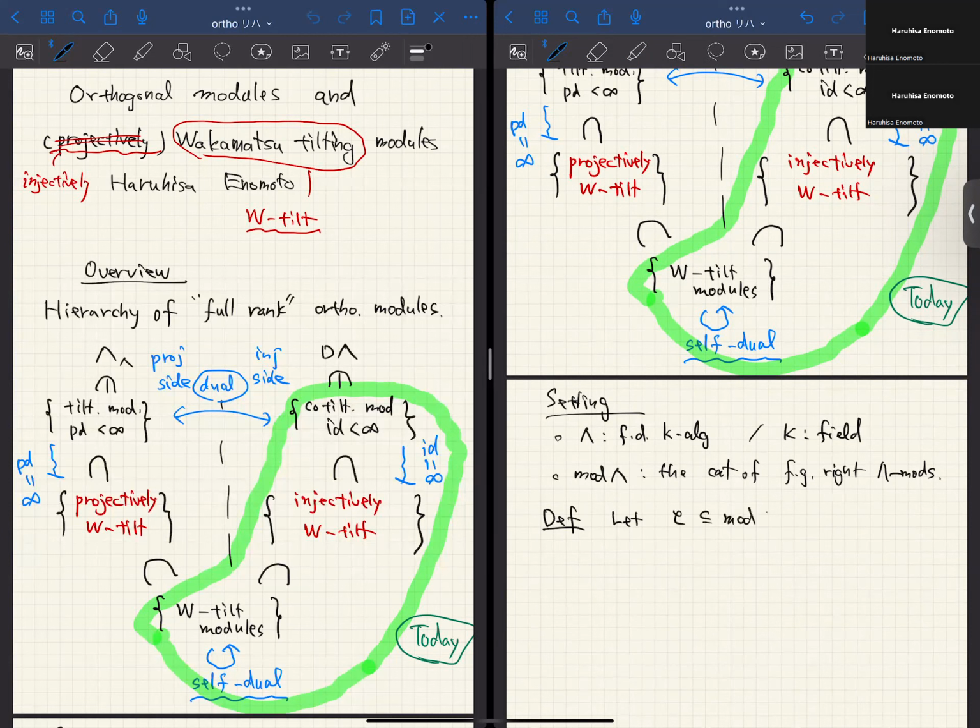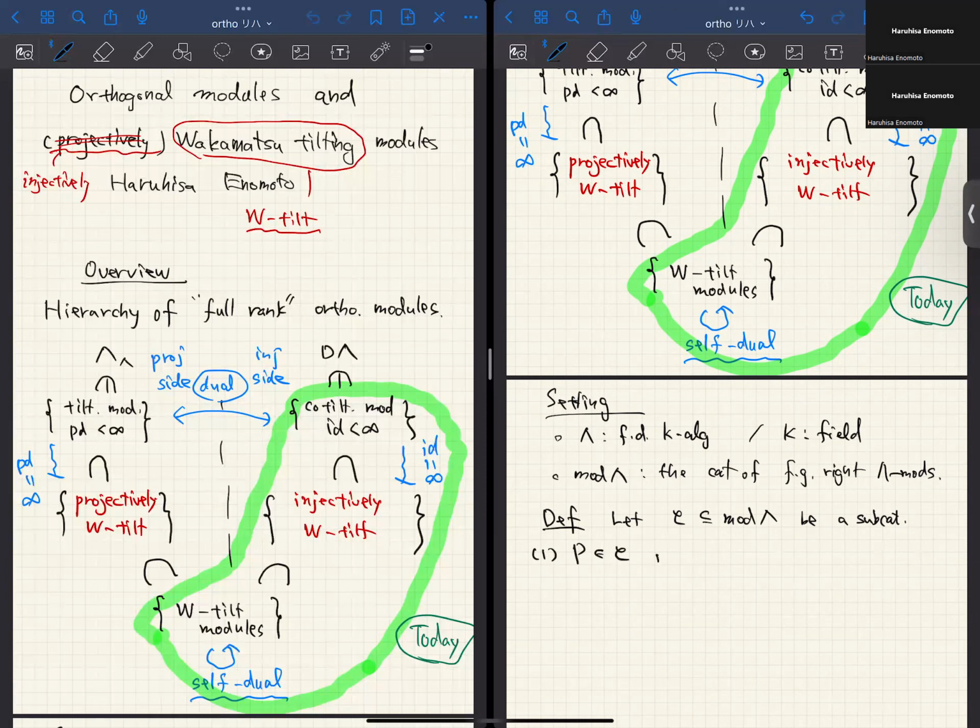Let C be a subcategory of mod lambda. Maybe I have to assume that C is closed under extensions, or if you know exact categories, I will define the progenerator and the injective cogenerator for exact categories.